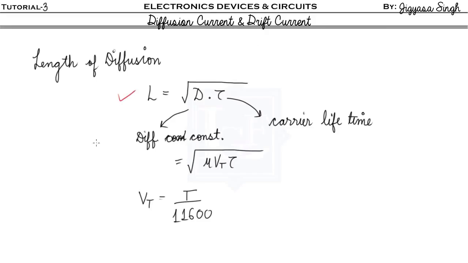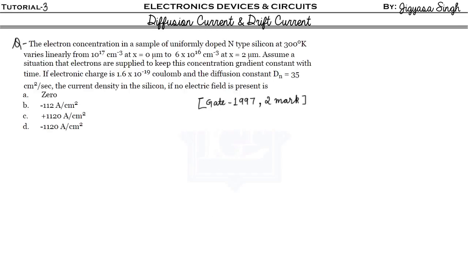Now let's move on to the next question. This is a mistake. The question which came was: the electron concentration in a sample of non-uniformly doped N-type silicon at 300 degree Kelvin varies. At x is equal to 0 μm, what is the concentration? 10 to the power 17 per meter cube, right?